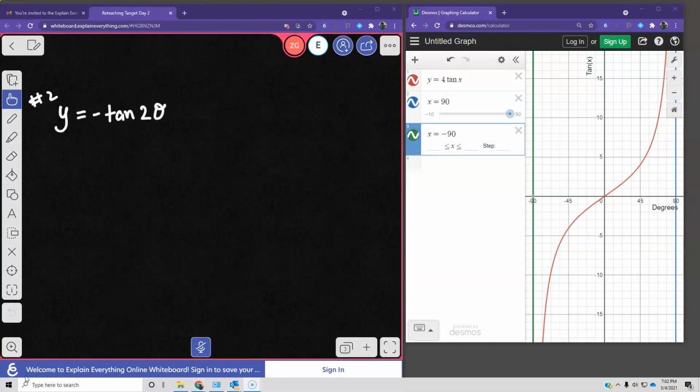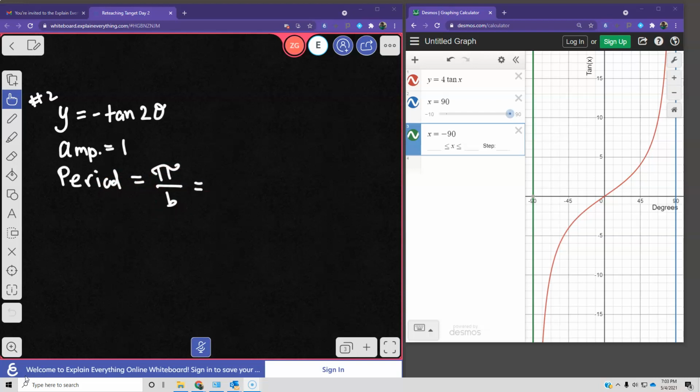Number 2, we have y equals negative tangent of 2 theta. So what we're going to do is, we know that the amplitude is 1, but it's not going to affect the graph. We know the period is pi over b.